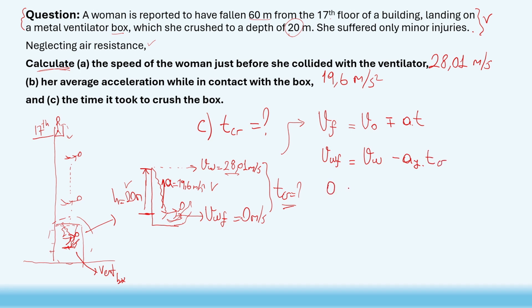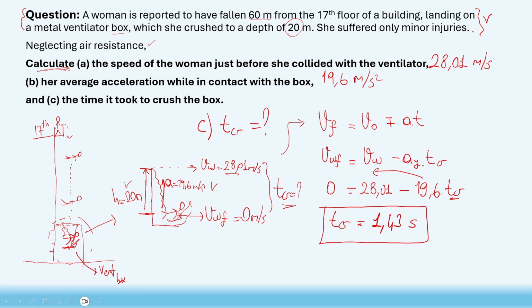Here, final velocity is 0 equals 28.01, because the woman's initial velocity is this, minus 19.6 times crush time. In this equation, we can easily find the unknown time value. If we perform the necessary calculations, the crush time value is calculated as 1.43 seconds. Here, it took 1.43 seconds for the boxes to collapse after the woman collided with the ventilator box.